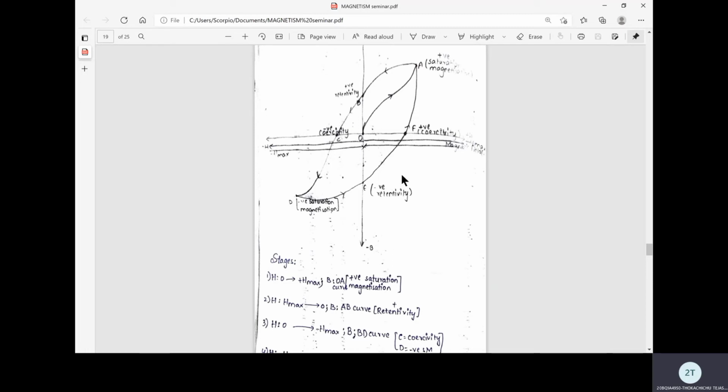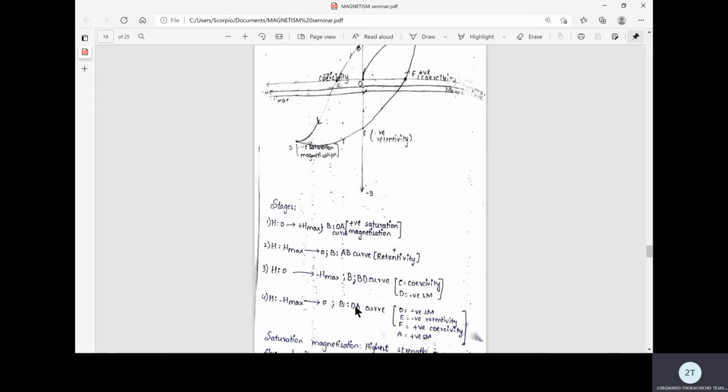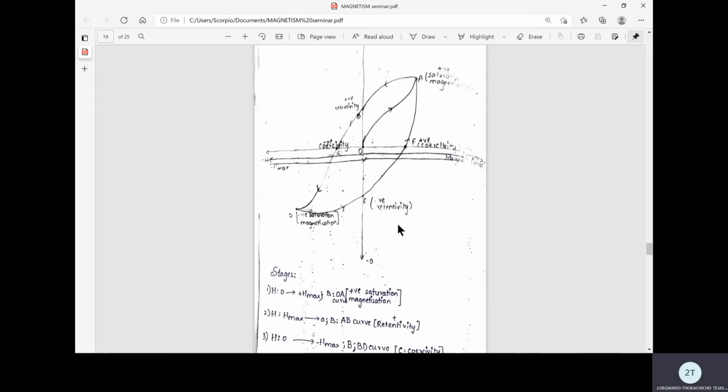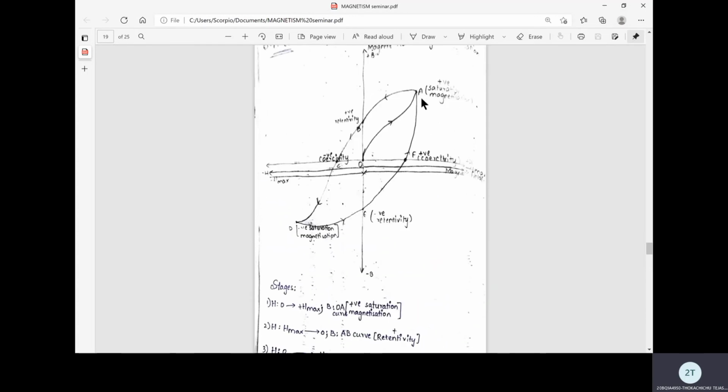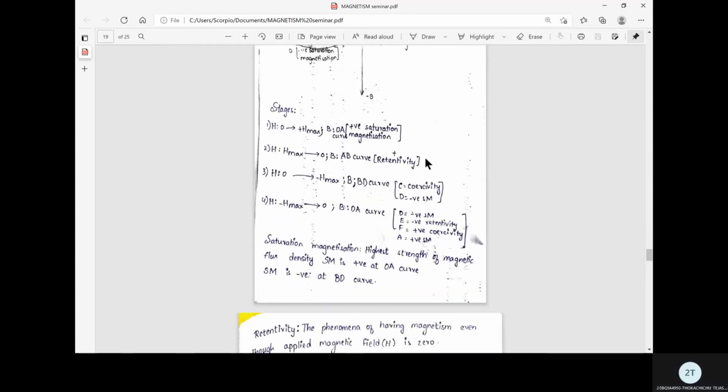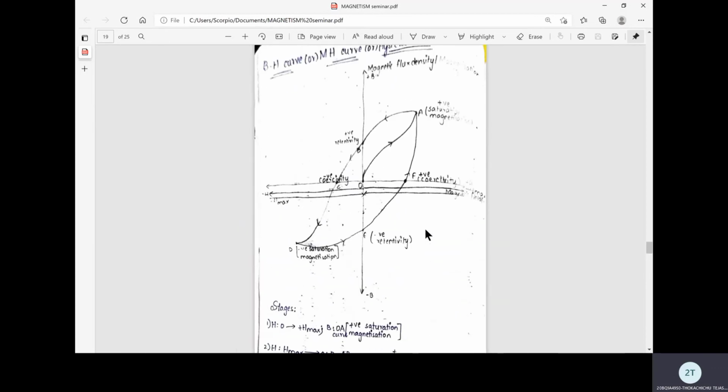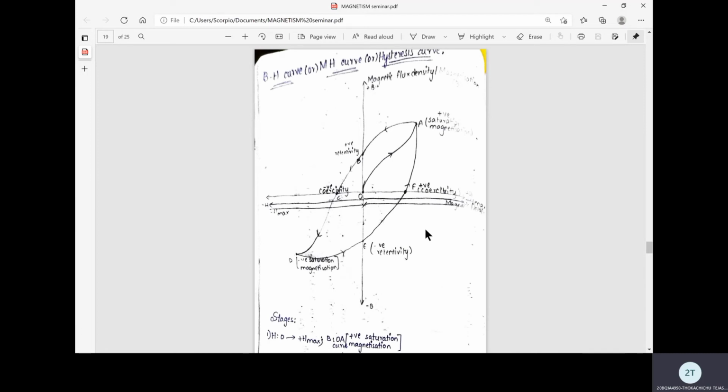And once again, it reaches the initial point A, through this DA curve from 0 to positive H max. Thus, these are the properties and how the magnet acts on different applications of magnetic field magnitude, and how it gets magnetized at each and every point, showing different properties like coercivity and retentivity.